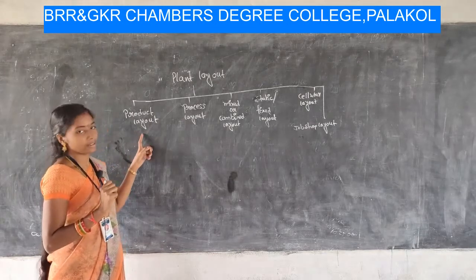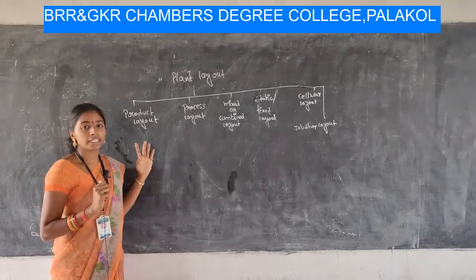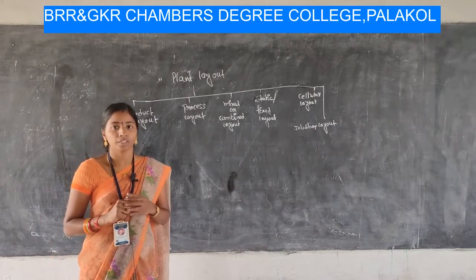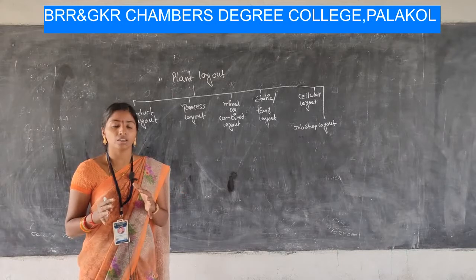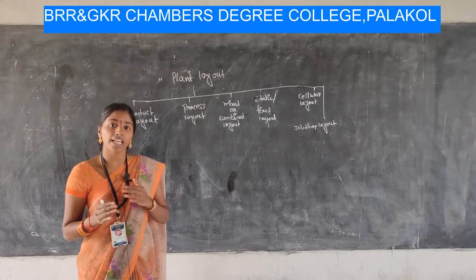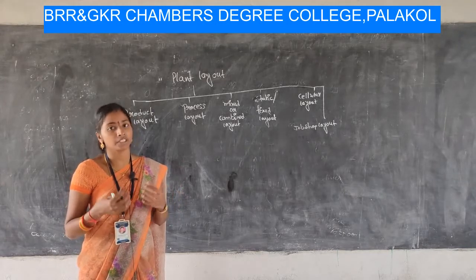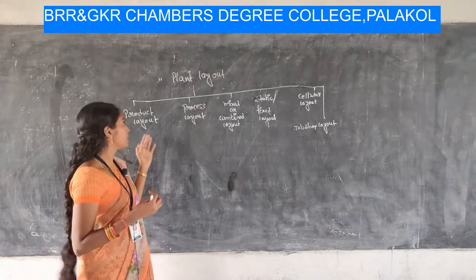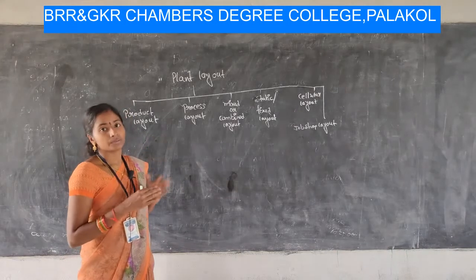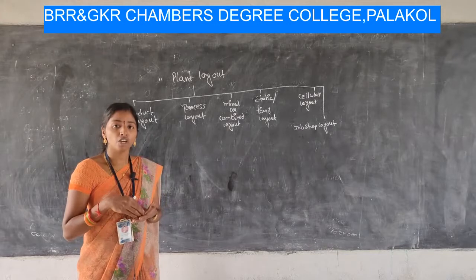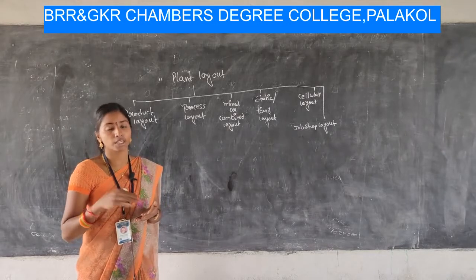First one, product layout. The product layout is also called product line layout, in which the machines are arranged as per the sequence of operations which are required by the particular product. That's why we call it a product line layout. It is suitable for those organizations which follow continuous flow of production.